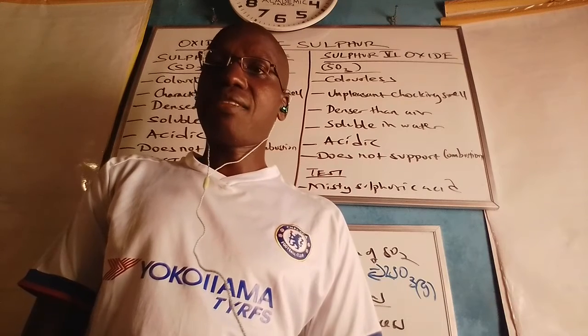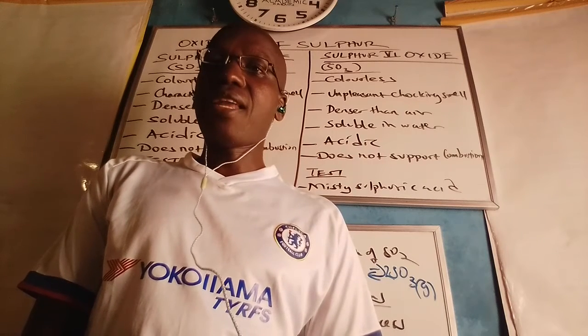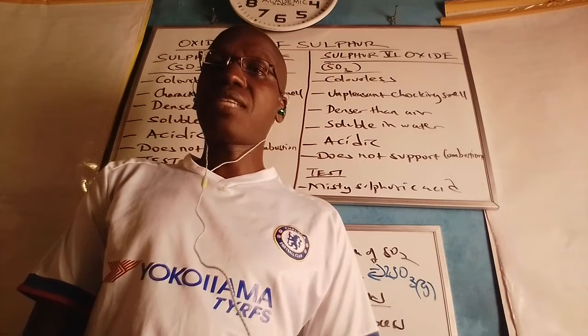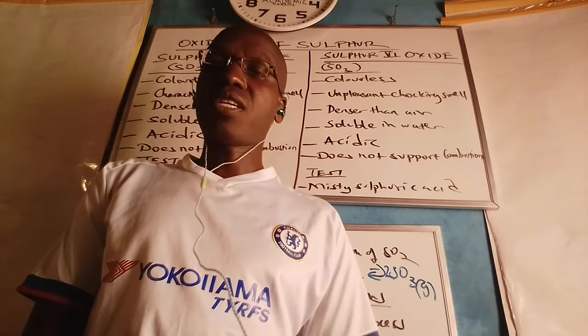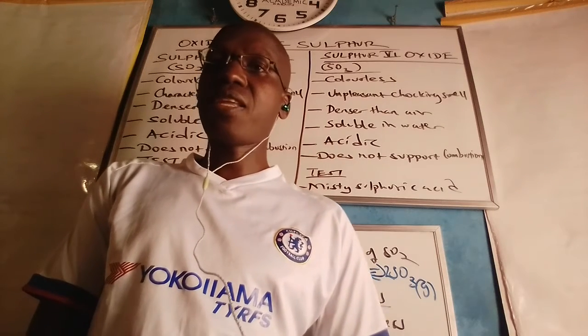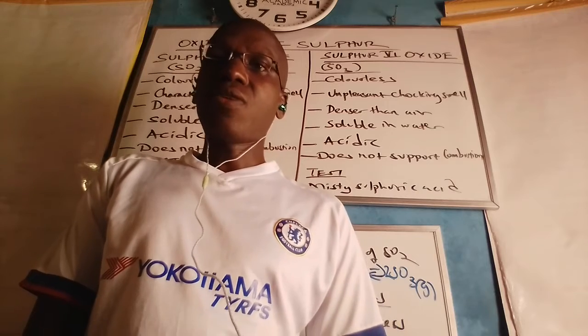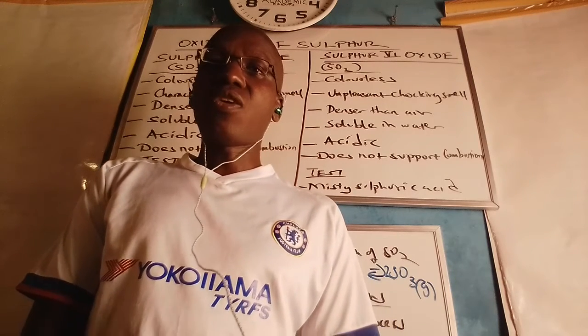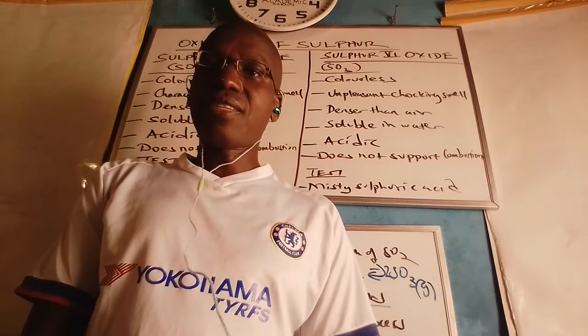Both gases are colorless, they are both denser than air, they are both soluble in water, the difference being that sulfur dioxide dissolves in water, forming sulfurous acid or sulfuric 4 acid, while sulfur trioxide dissolves in water, forming sulfuric 6 acid or the common sulfuric acid.